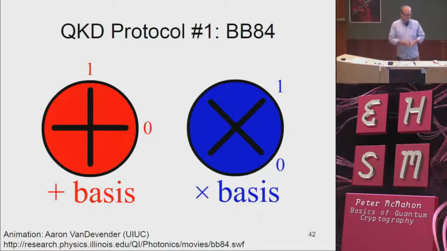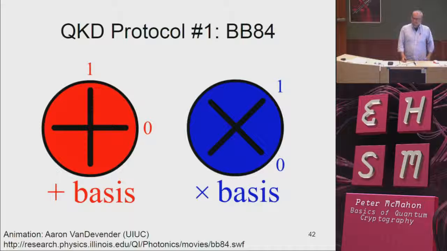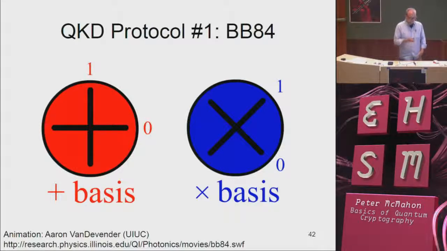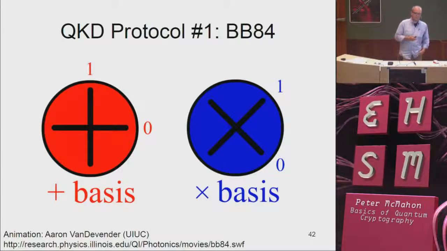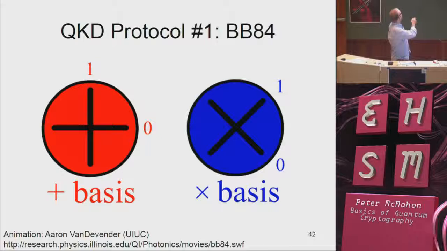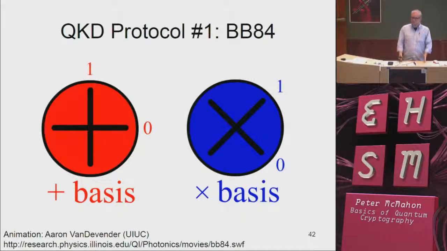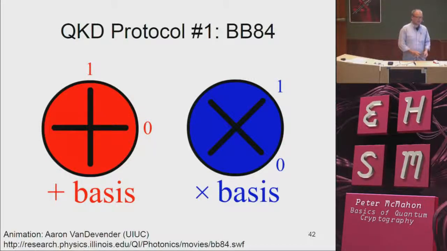So what I'm going to do now is go through a little animation for you that tries to explain how the BB84 protocol works. And in the following animation, which I've pilfered shamelessly from Aaron Defender, who was at UIUC when he made this, the notation that's shown up here is that we're going to be doing things in two bases, which are the H and V bases.